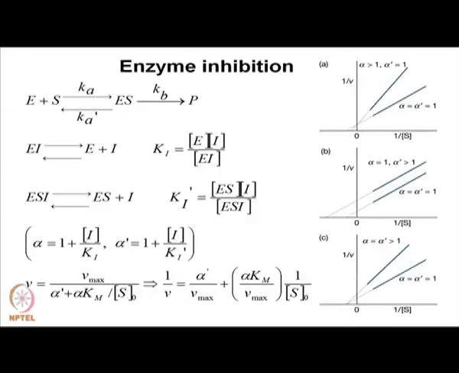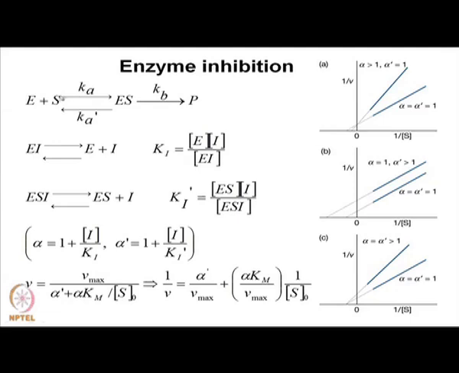So, let us look into the chemical scheme for enzyme inhibition. In this particular scheme, enzyme plus substrate produces the enzyme substrate complex, then it produces the outcome, that is your product, with a rate constant of Kb.